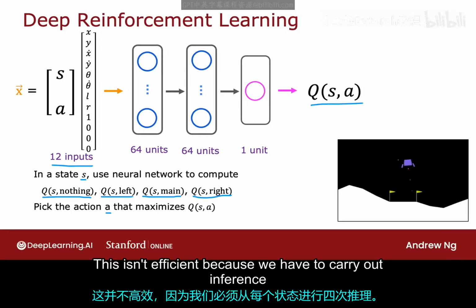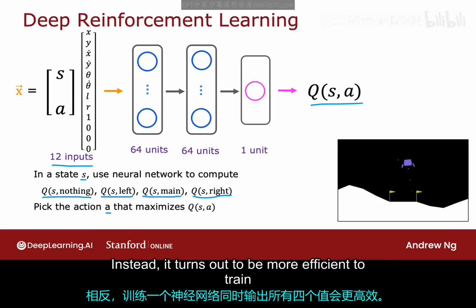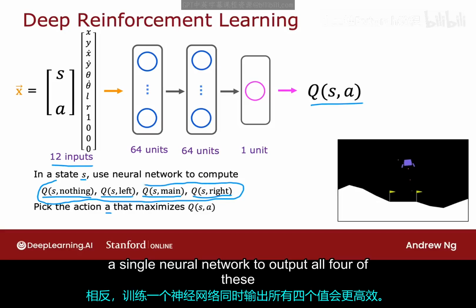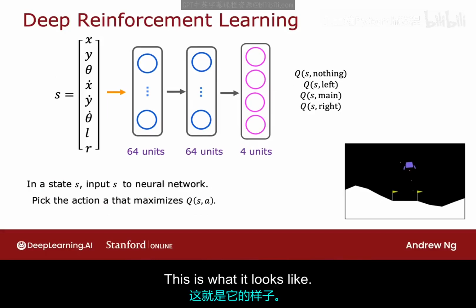This is inefficient because we have to carry out inference 4 times from every single state. Instead, it turns out to be more efficient to train a single neural network to output all 4 of these values simultaneously. This is what it looks like.